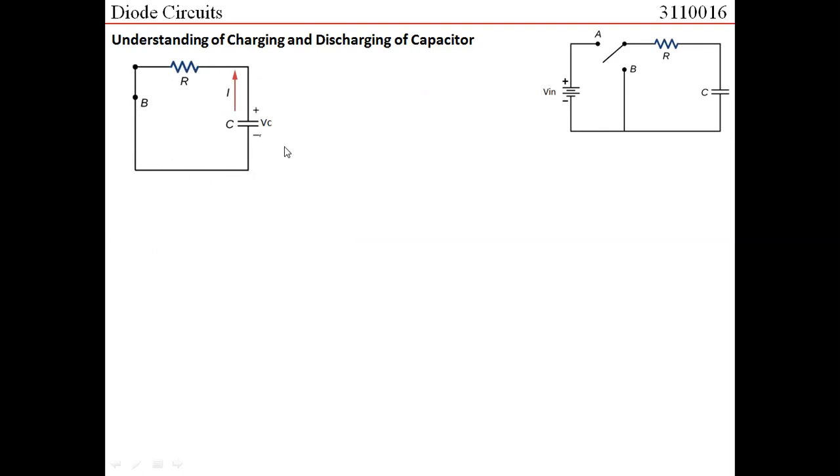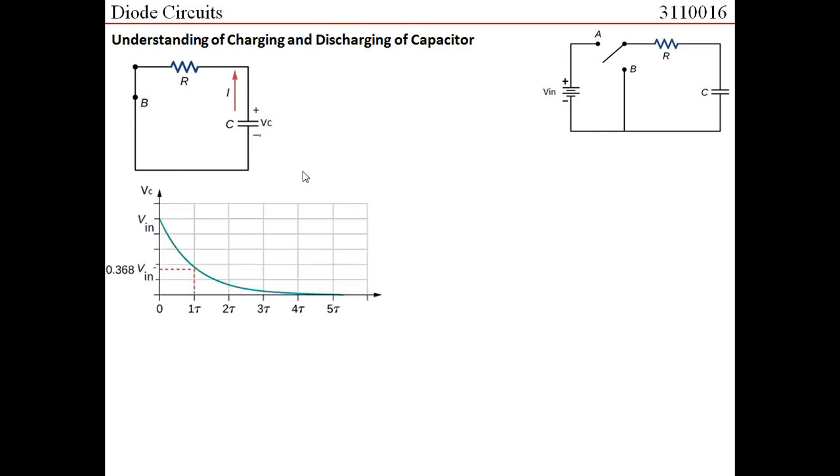Here the capacitor now is charged to Vc. So the capacitor would work as a voltage source and it would start discharging through this resistor. It means that whatever charge is stored inside the capacitor would start to flow and the capacitor would discharge. As the capacitor discharges, the voltage across the capacitor would decrease.